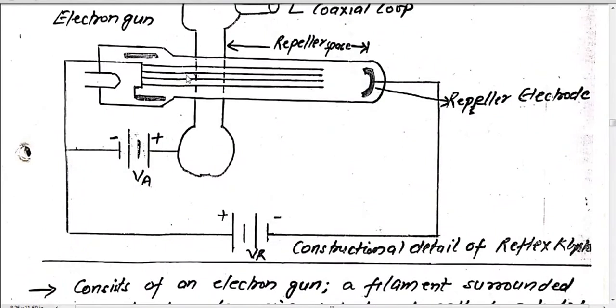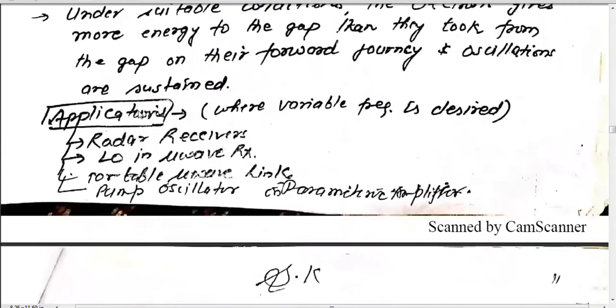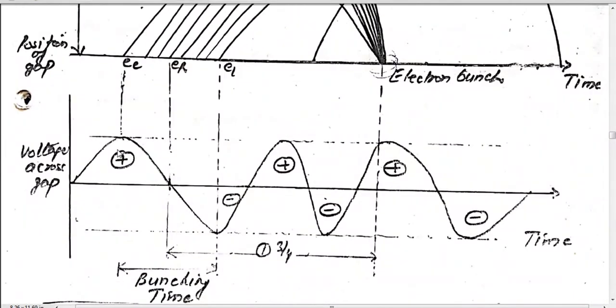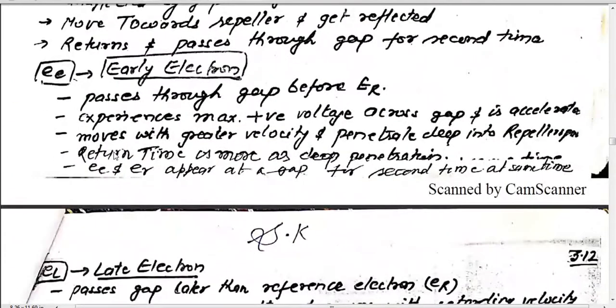So the velocity of this electron, which has encountered the maximum positive field, is accelerated. It moves with greater velocity and penetrates deep into the repeller space.